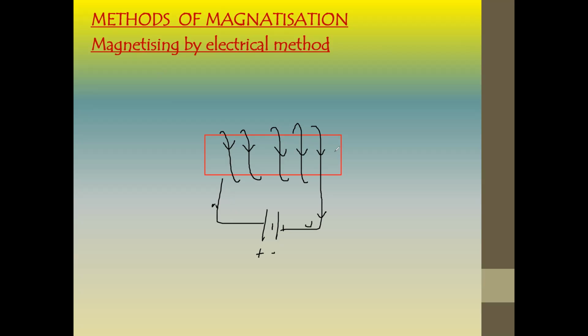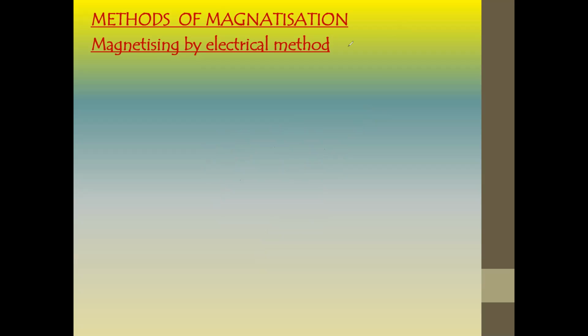Using the right hand grip rule, the north pole will be on the right hand side and the south pole on the left. So if this was iron, it will behave like a magnet. But once you open the switch and the circuit breaks, the iron will be demagnetized because its domains cannot remain aligned for a longer period of time. So iron will be a temporary magnet, not permanent. To make a permanent magnet, it must be steel.